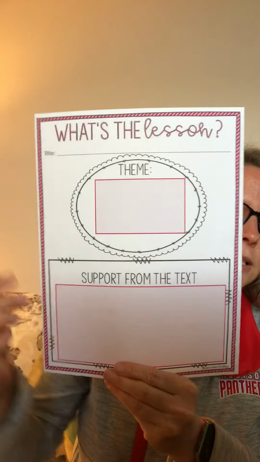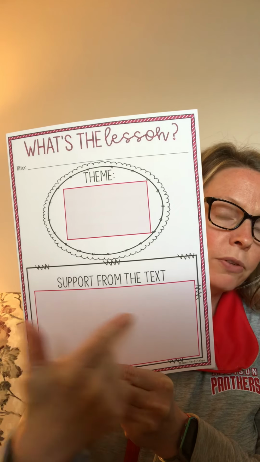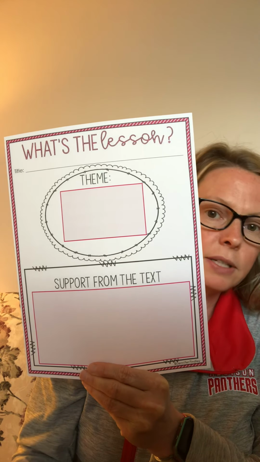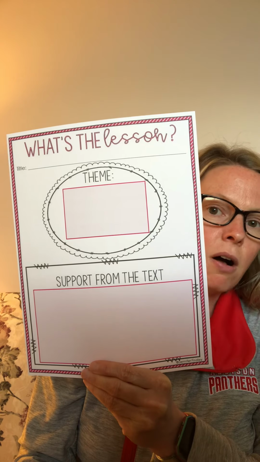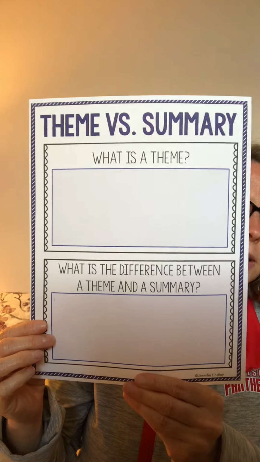So you could use a graphic organizer that looks like this, where you can write your theme here. And then when we talk about support from the text, we're talking about evidence, just parts of the text that also prove what your theme is. Another one is just to help you understand that there is a difference between theme and a summary.